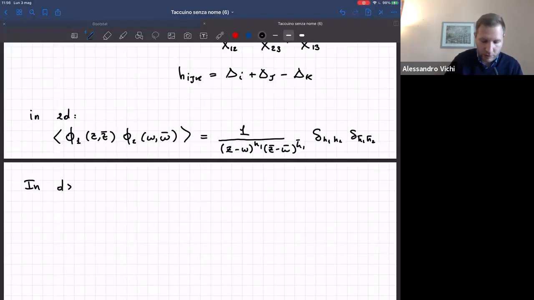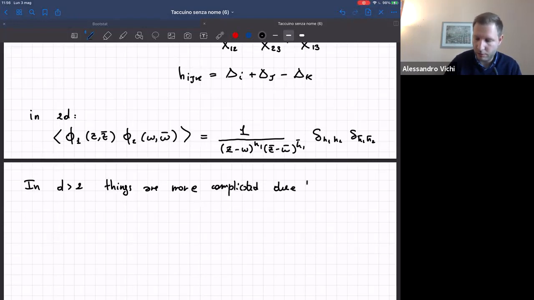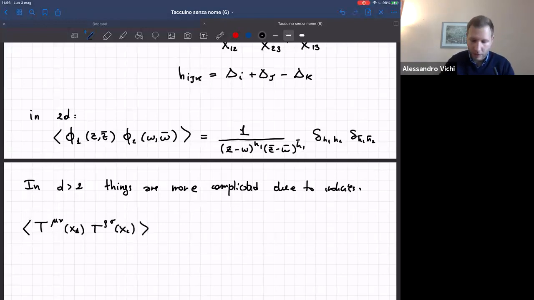So for instance, if you were to look at the correlation function of the stress tensor, which is an object we all love, in dimension larger than 2, this will look slightly more complicated. But again, it's fixed.